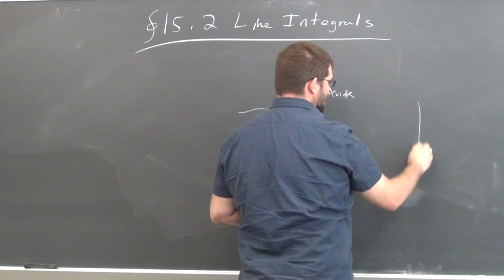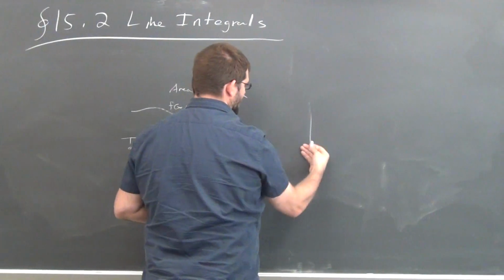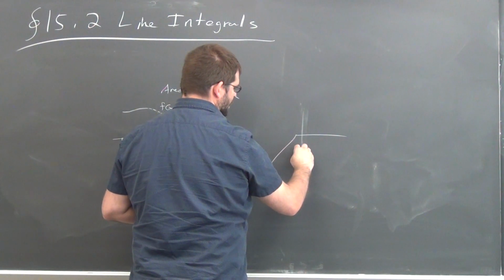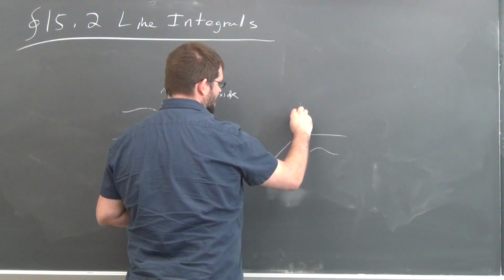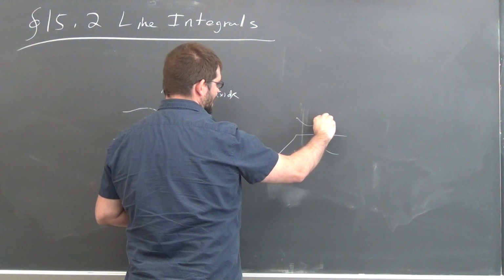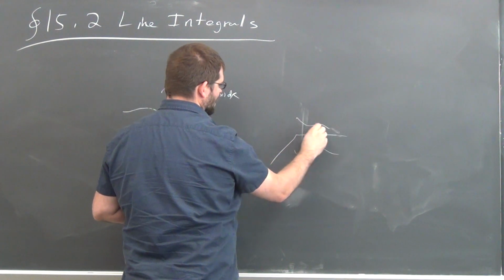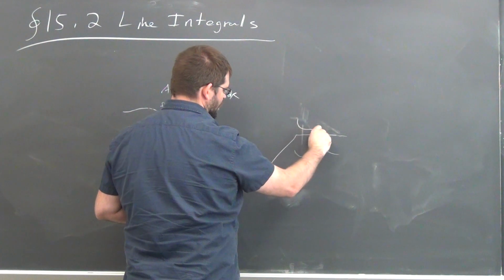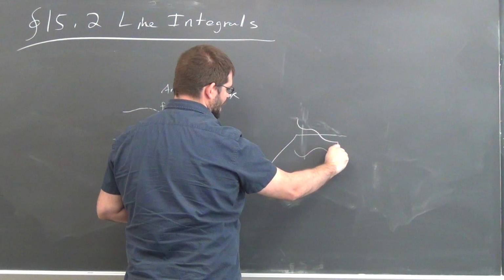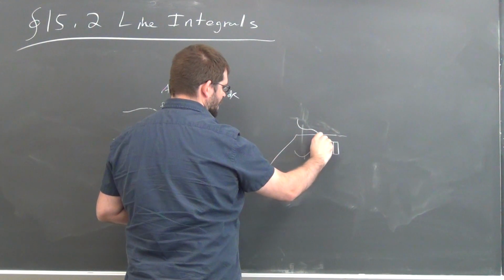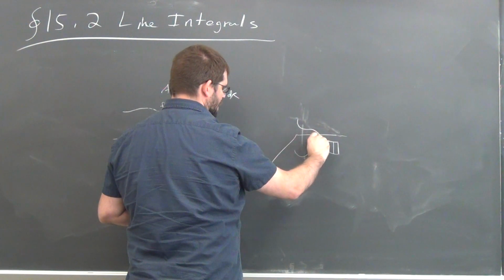Now, what if instead of being flat, your curve does the same thing, but it's all swirly? Here's xy, and then you have some curve in there, but essentially your curve follows that path, but it's getting lower. Let me exaggerate it.